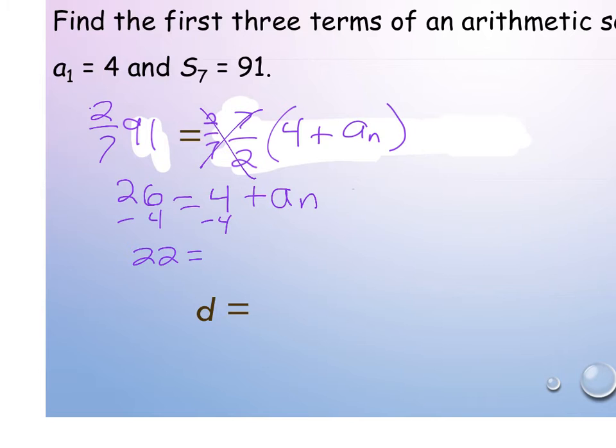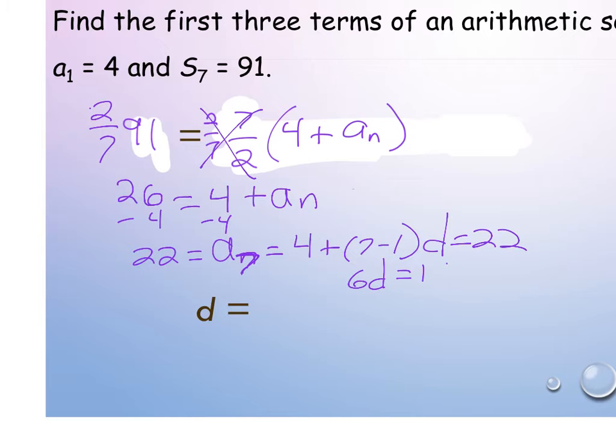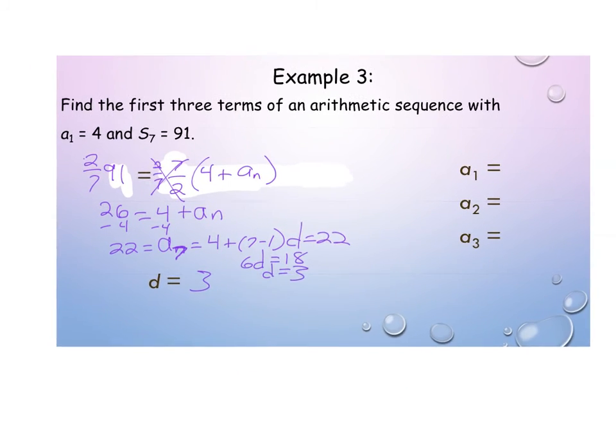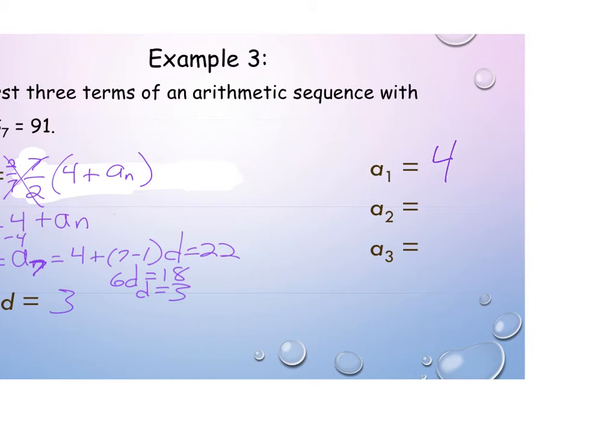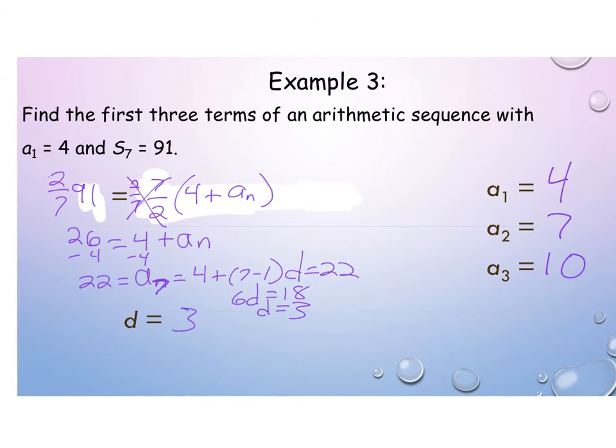A sub n is 22. What I'm looking for is D. Well, I happen to know this also is A sub 1 plus, well, I'm sorry, my n was 7, 7 minus 1, D. Well, that's equal to 22. All right, so I subtract 4. 7 minus 1 is 6, 6D equals 18, so D is 3. Okay, so my first term is 4. My D is 3, so I have 7 and then 10. I know that's long and complicated.